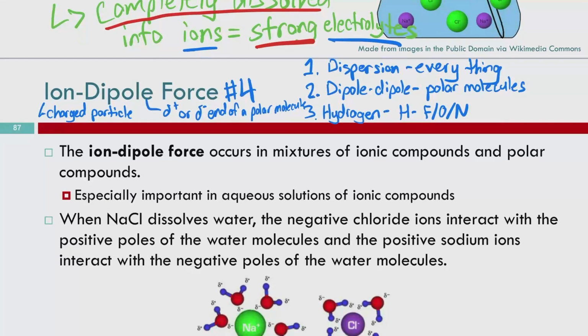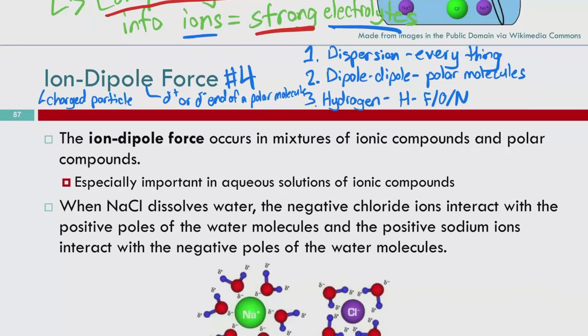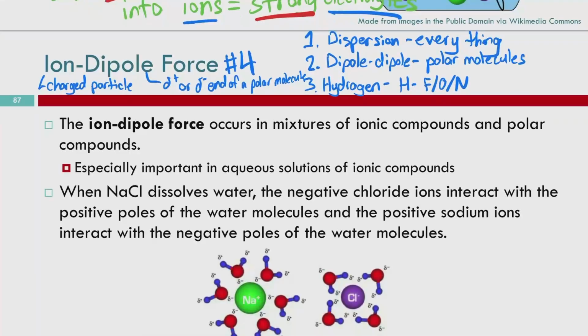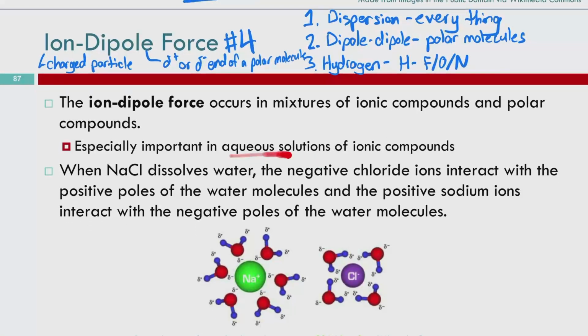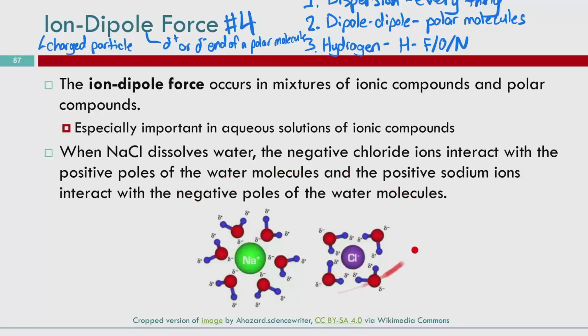So the ion-dipole force can occur in mixtures of ionic compounds, things that form ions. That's the ion part of the ion-dipole force. And polar compounds that have dipoles on them, permanent partial positive, partial negative charges. This is very important for aqueous solutions of ionic compounds. For example, our example from earlier, sodium chloride dissolved in water.